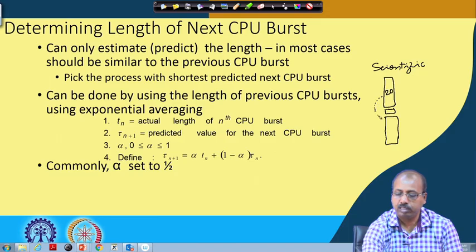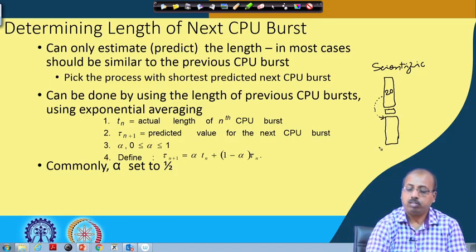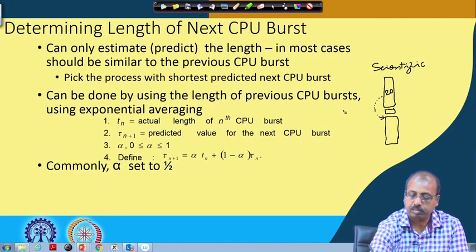Based on this 20 value, we try to predict the next value, or to be on a safer side, we consider the last few CPU bursts. So, from the beginning of the program, maybe this is the size of the CPU burst C1, after that we had some IO burst, then we have got another CPU burst C2 of some duration, then some IO burst. So, this way it goes on.